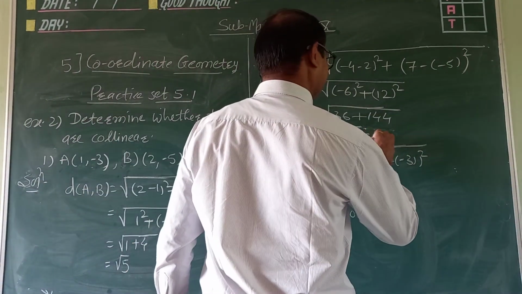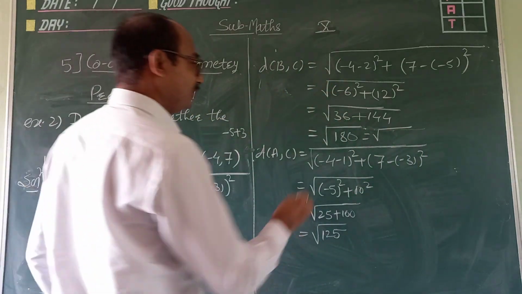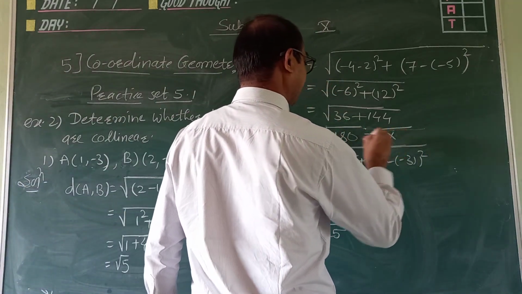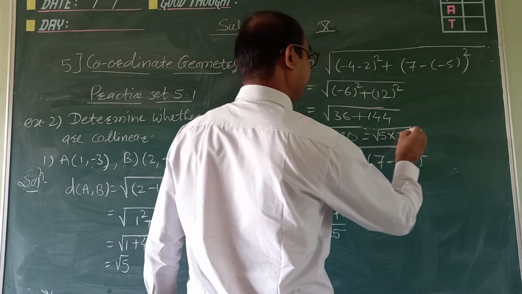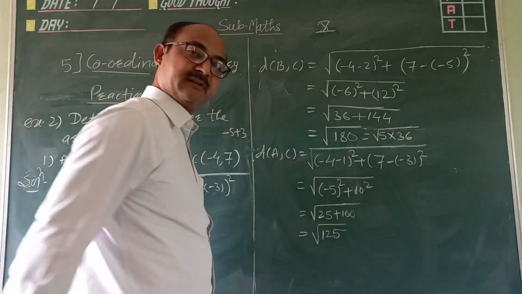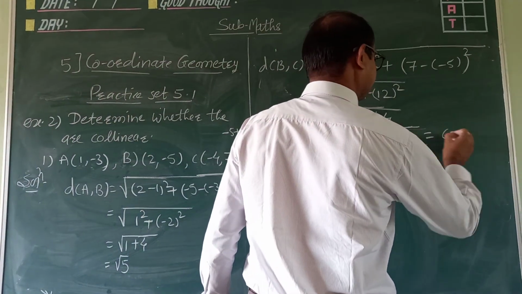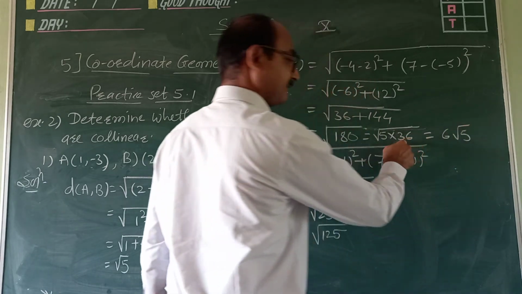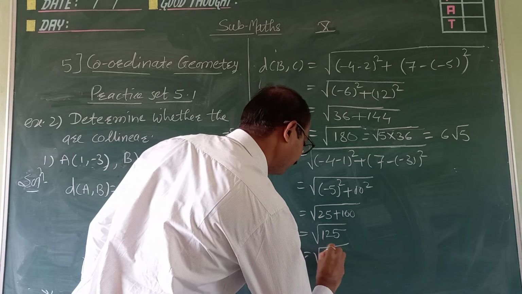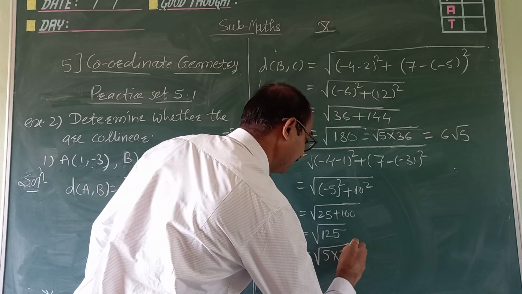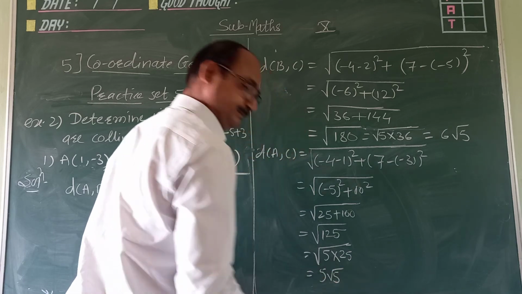So if factorization is possible, factorize it. 180 is 36 multiplied by 5, and 36 is a perfect square, so taking the root of this, 6 root 5. Like this, 125 is 5 multiplied by 25, root of this is 5 root 5.